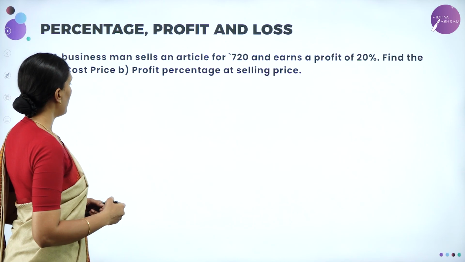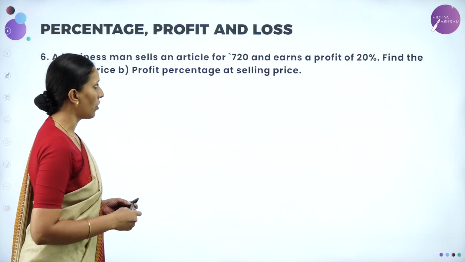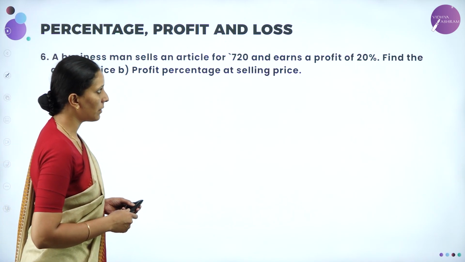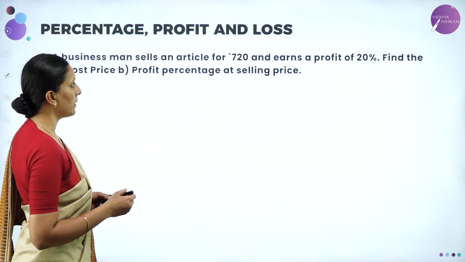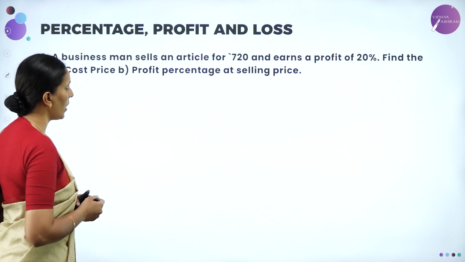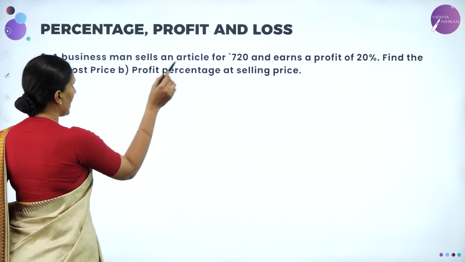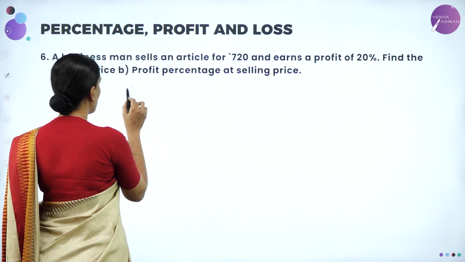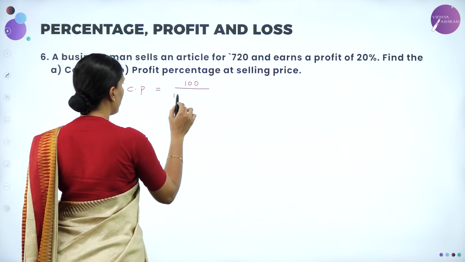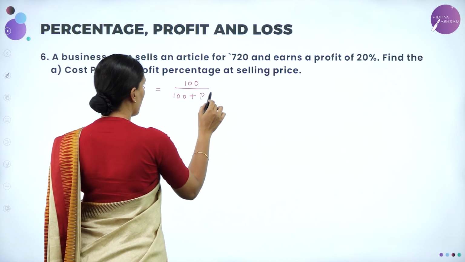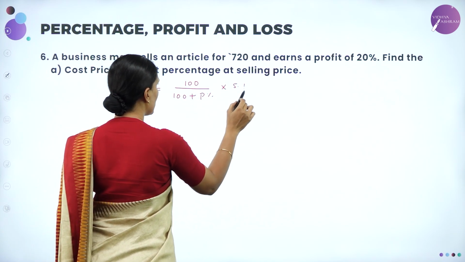Next question. A businessman sells an article for 720 and earns a profit of 20%. Find the cost price, also profit percentage at selling price. So now they have given the selling price and the profit percentage. We need to calculate the cost price, which is given by the formula 100 by 100 plus profit percentage into selling price.